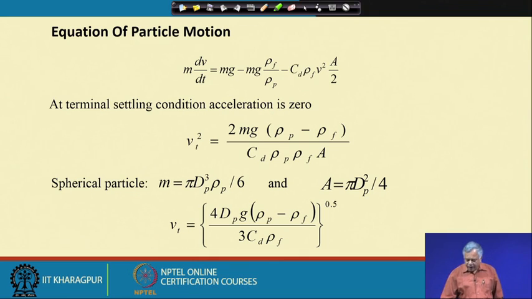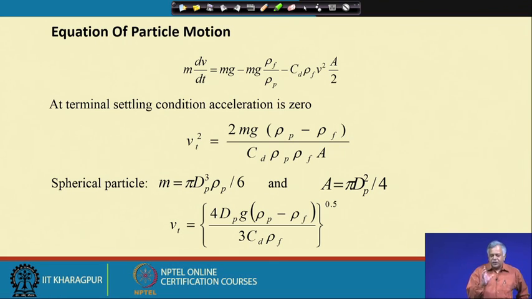So, if I replace the values of A and m in this equation, we can further simplify it, and we are interested in knowing V t. So, we can write V t is equal to 4 dp g multiplied by (rho p minus rho f) divided by 3 C d rho f, all to the power 0.5.